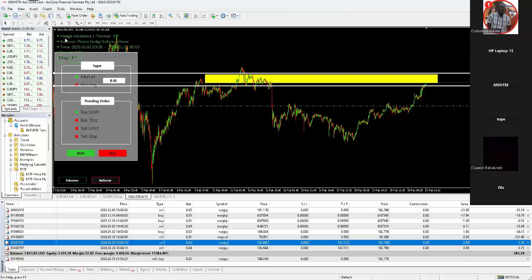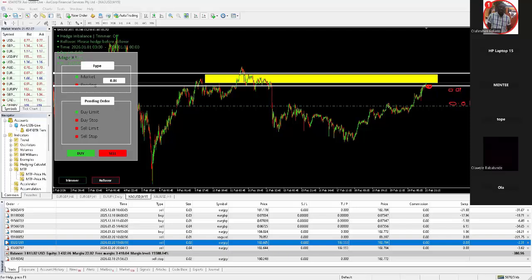I want to explain what I'm saying here. Here, where I put this white line, I want to put a pending sell. And when I put a pending sell of 0.01, remember that we already have 0.01 here. So, and this one too is sell.